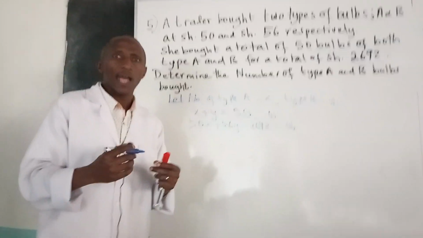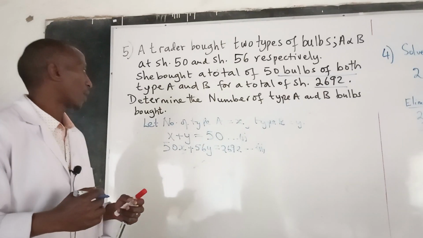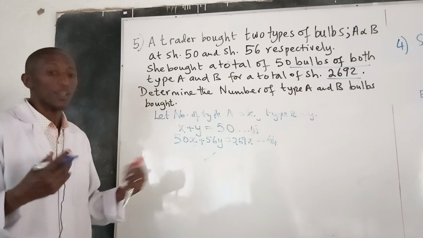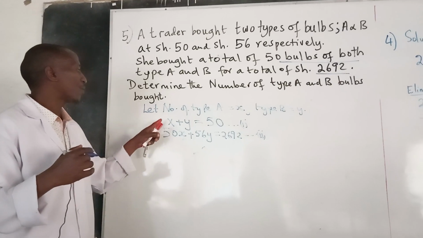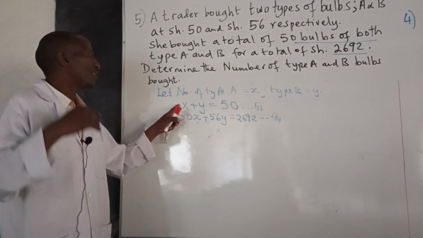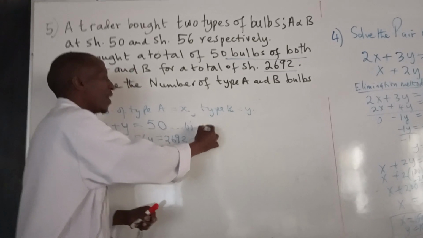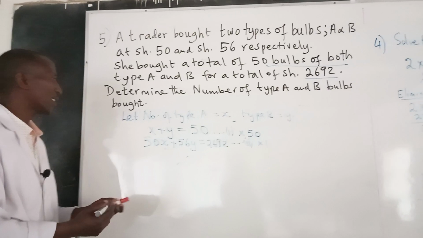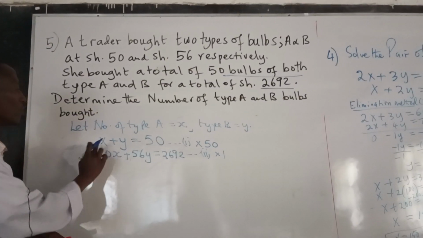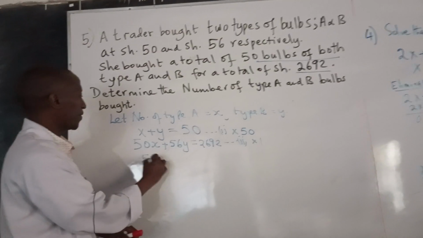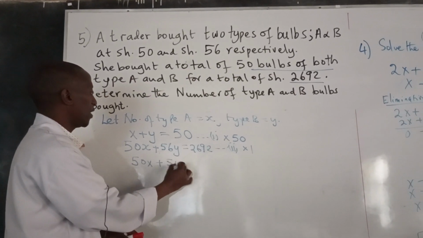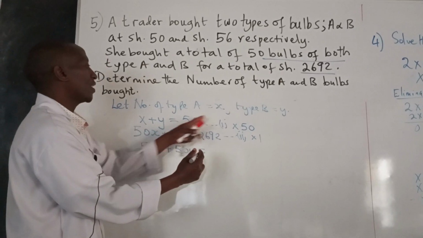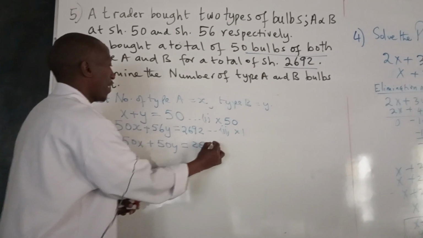Now, we look at a way of solving the two, and viewers, we can pick either elimination or substitution. Supposing we pick elimination, and we agree to eliminate X. That means equation 1 we multiply by 50, and equation 2 we multiply by 1. That gives us 50X plus 50Y equals 50 times 50, 2,500.